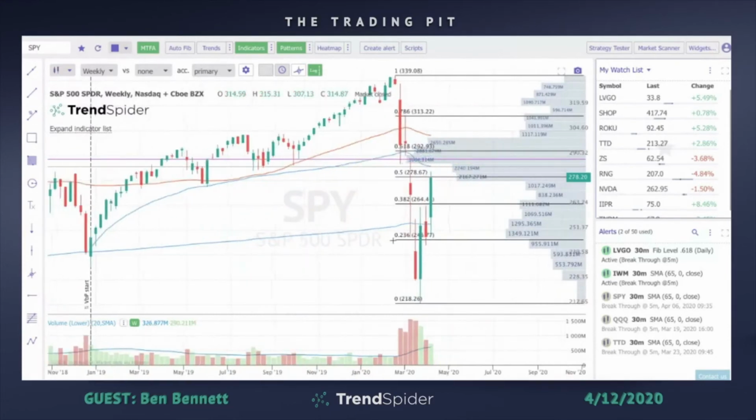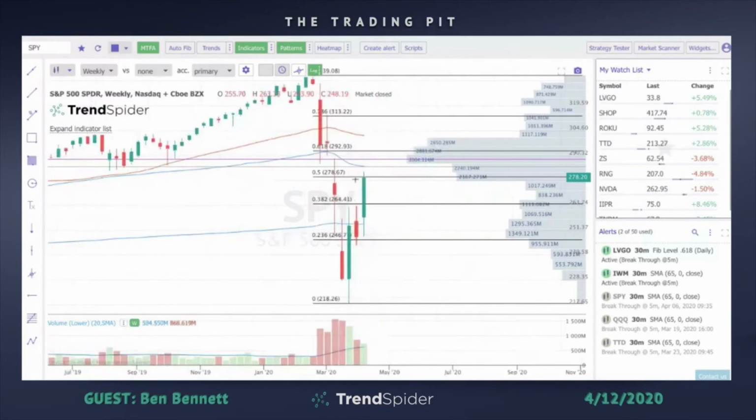But now we're getting into an important area here where we're at a 50% retrace, coming into a heavier volume area from the top. You have anchored VWAP here just above. I really feel like there's plenty of momentum. Like you were saying, there's a lot of momentum to push through this area. But at the same time, we've come a long way off the bottom here in a very short period of time.